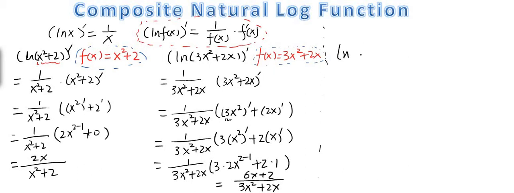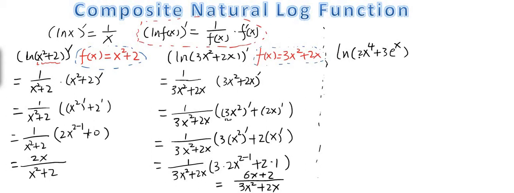Okay, now let's take a look at the last example: ln of 2x to the power 4 plus 3e to the power x. So again we need to identify f(x).